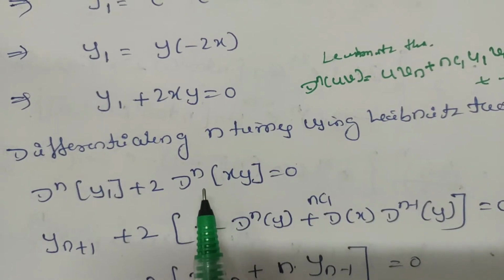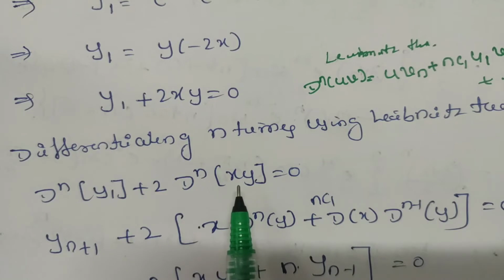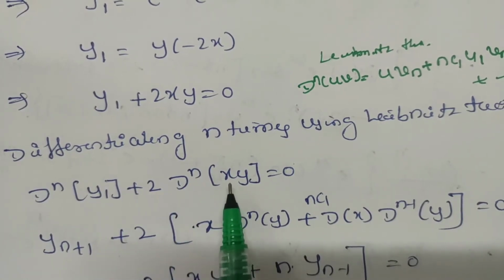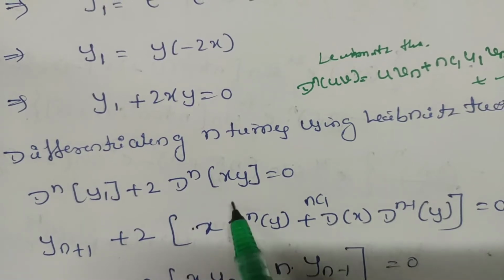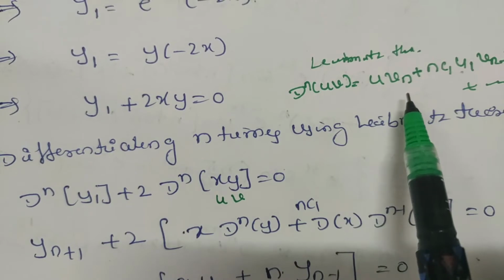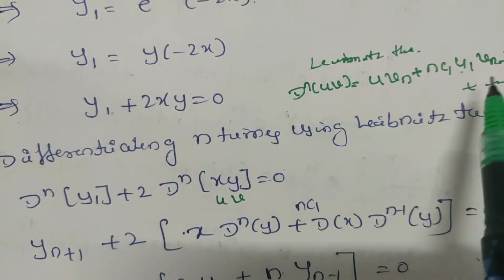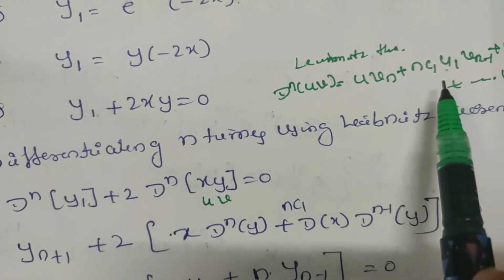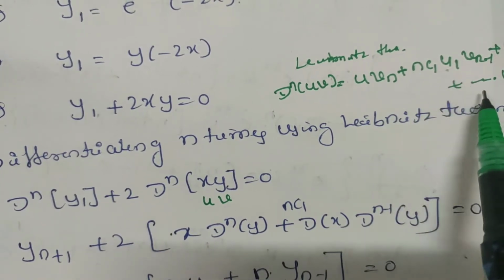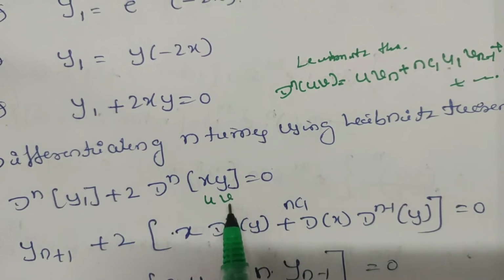Applying the nth derivative to this x into y using Leibniz theorem, we have this 2 as it is, and x as it is like u into v. As I have told you, the nth derivative of u into v is like this: u into vn plus nc1 u1 vn minus 1 plus nc2 u2 vn minus 2 etc. up to un. So here x is u and y is v.